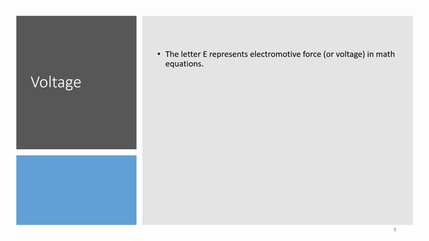But E comes from electromotive force. So that helps me remember that, electromotive force, or EMF. E stands for electromotive force or voltage in math equations. And voltage is measured in volts, and we're going to use the letter V for the units. Okay, so E is the quantity, and V is the units.